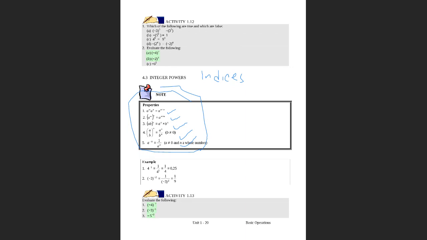Please look at these rules here, because I can't see how I can explain further, and see whether you have any questions on these properties of indices. Do you have any questions?